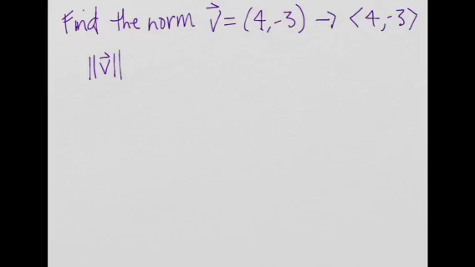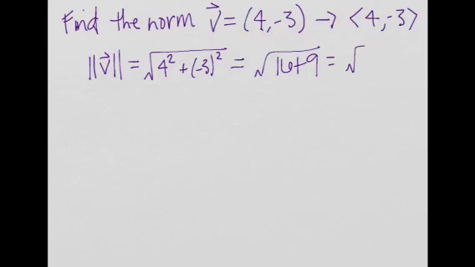I'm going to find the norm of vector v, which means I'm going to do the square root of 4 squared plus negative 3 squared. So that ends up being 16 plus 9, square root of 25. So I get the norm or the magnitude of vector v is 5.